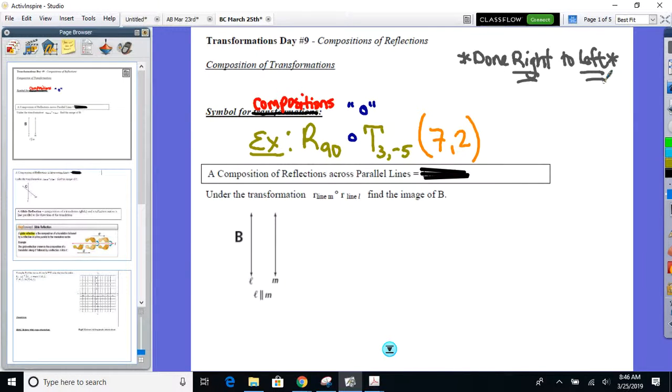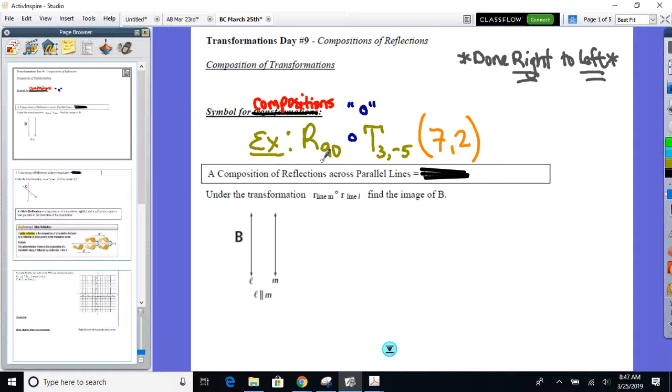I would translate 3, -5 on 7, 2. Whatever my new point is, then I keep going to the left and I would rotate that point 90. And if there's another one, I keep going to the left till I finish. That's how these compositions are read.